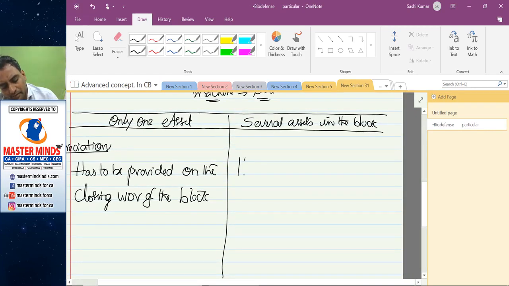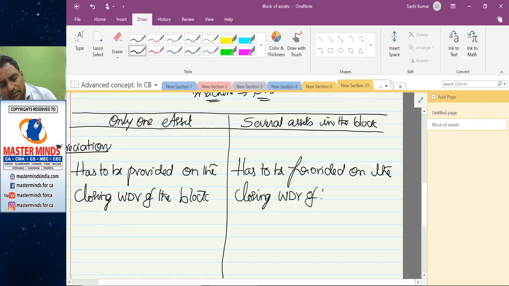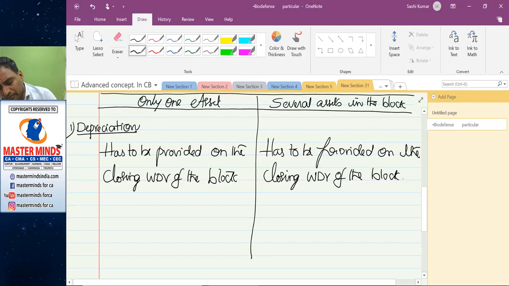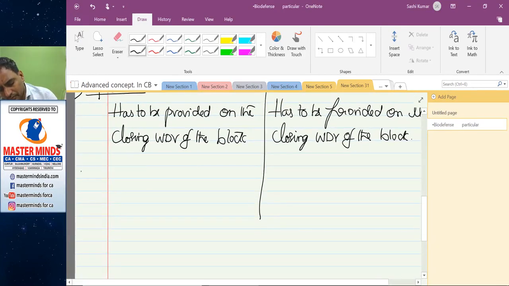Same, it has to be provided on the closing WDV of the block. Point 1. Point 2.